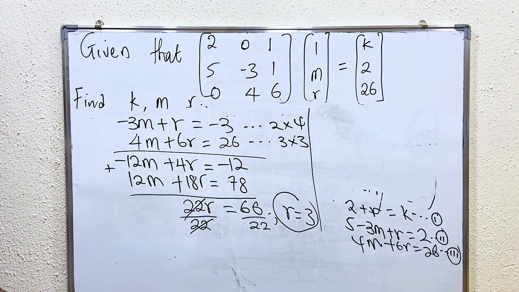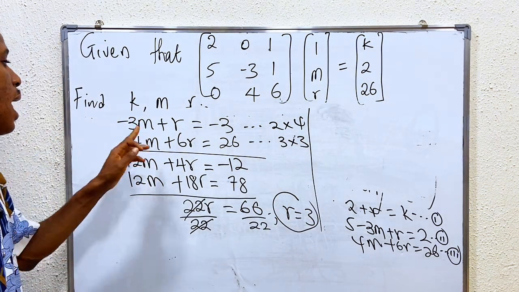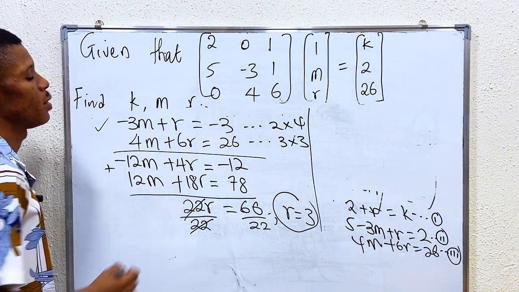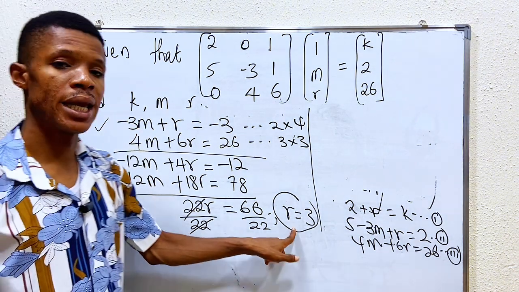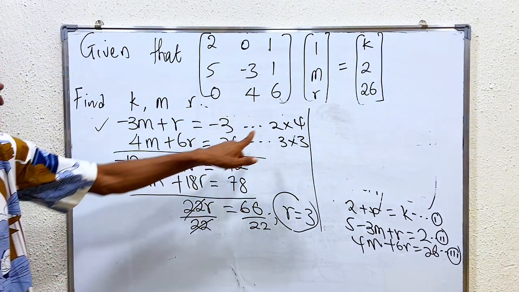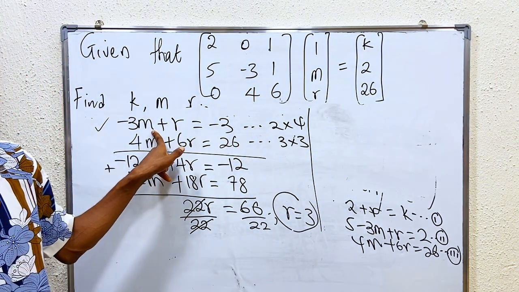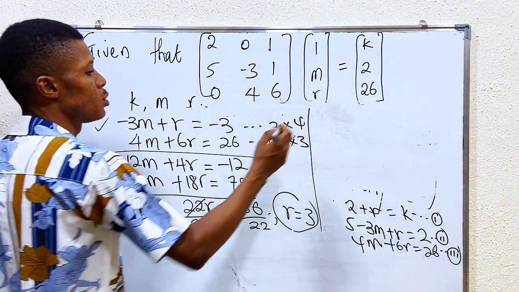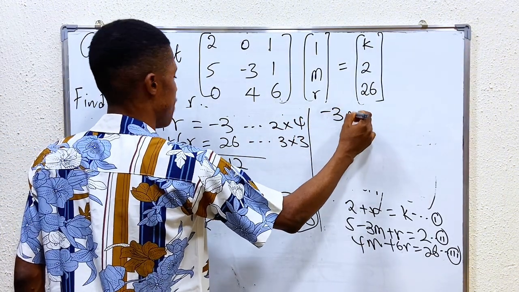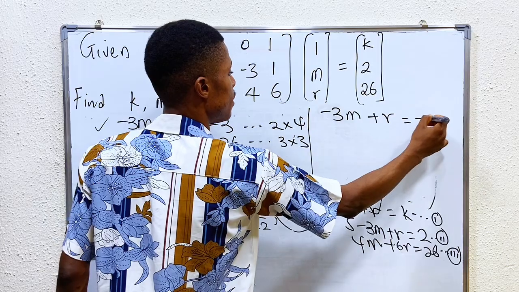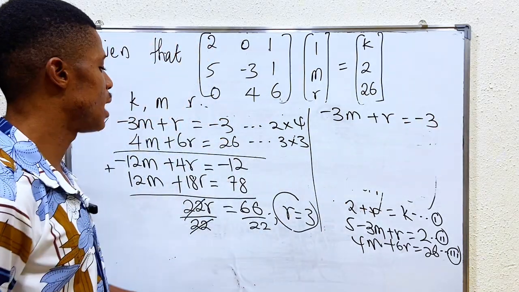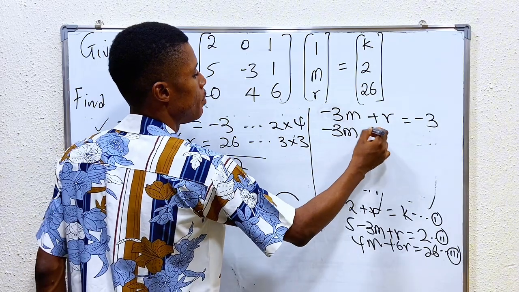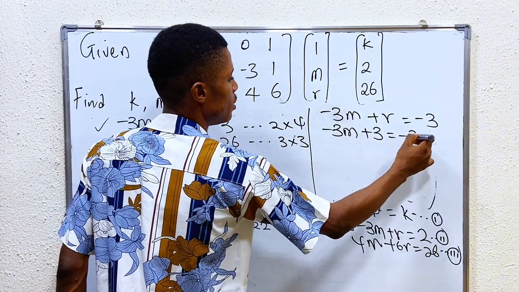The next thing is to get the value for m. To get it, we simply substitute the value of r, 3, into equation 2. From equation 2, minus 3m plus r is minus 3. Putting r to be 3, that means minus 3m plus 3 is equal to minus 3.